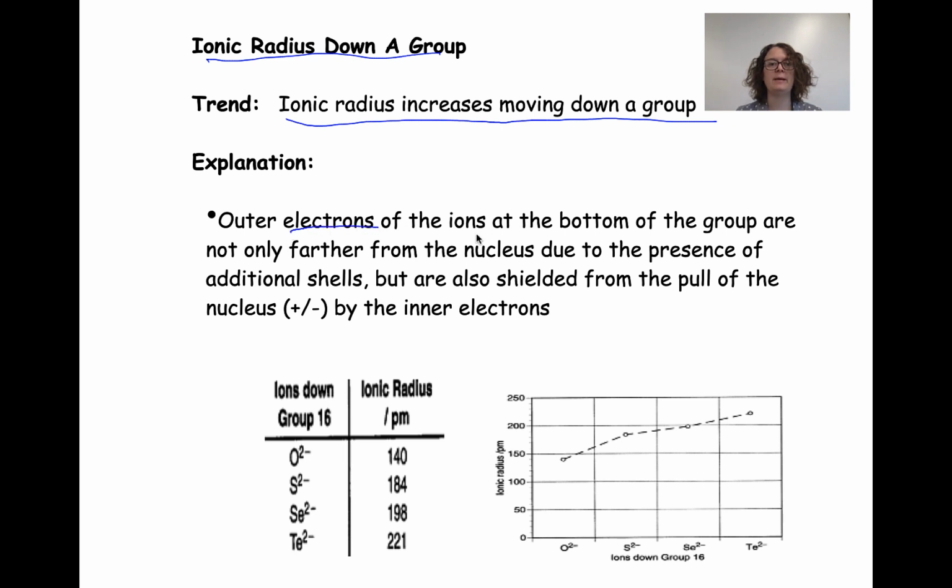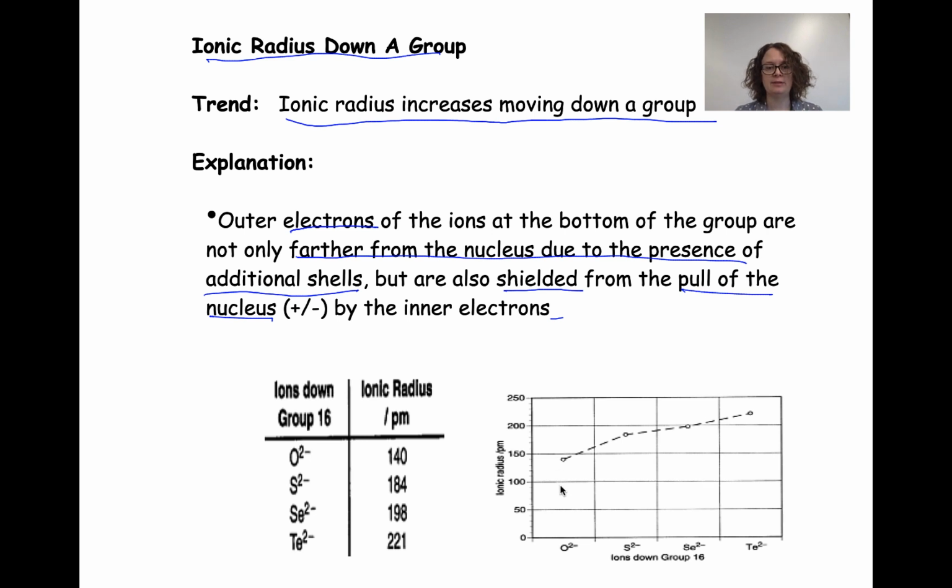Right, so they're going to be farther from the nucleus due to the presence of additional shells. But again, we have this shielding going on, where the inner electrons are going to shield the outer electrons from the nuclear charge. So those outer electrons will be able to move a little bit further away.